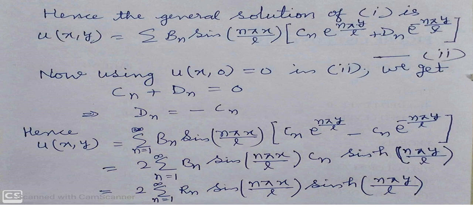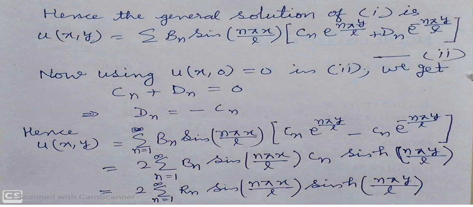Now in the second equation, we use the condition u(x, 0) equal to 0, meaning in both sides of the second equation we put y equal to 0, then we get cn plus dn equal to 0, which gives dn equal to minus cn.